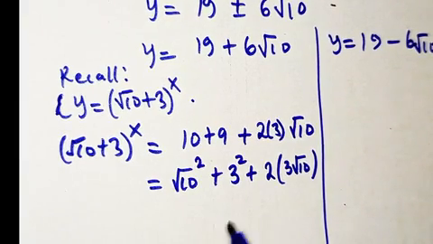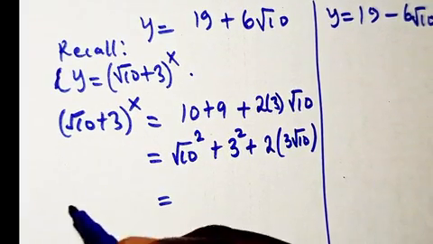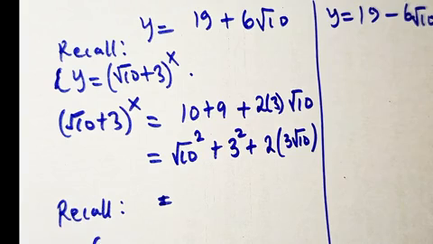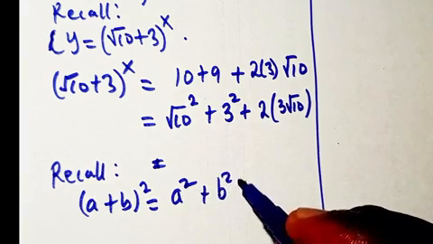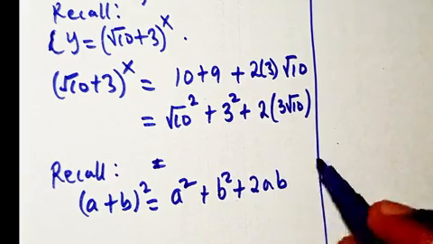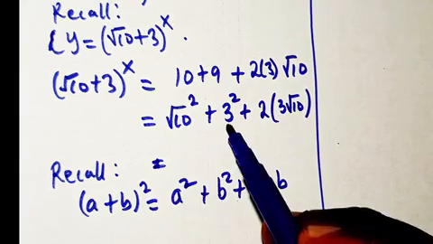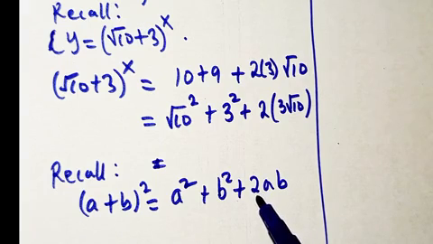By mere looking, you can see that this is a perfect square quadratic. You recall that if you have a plus b all squared, this is going to be a squared plus b squared plus 2ab. According to this, root 10 is like my a, 3 is like my b, and I have 2 here, which is a constant.